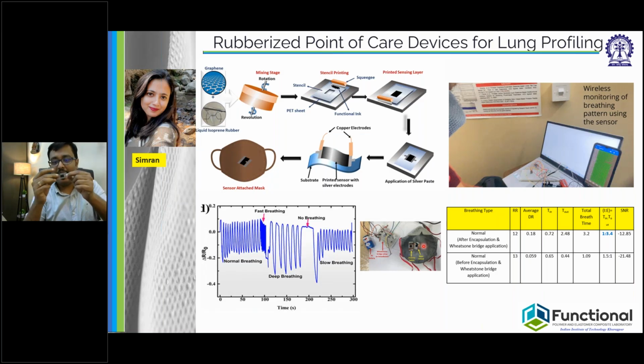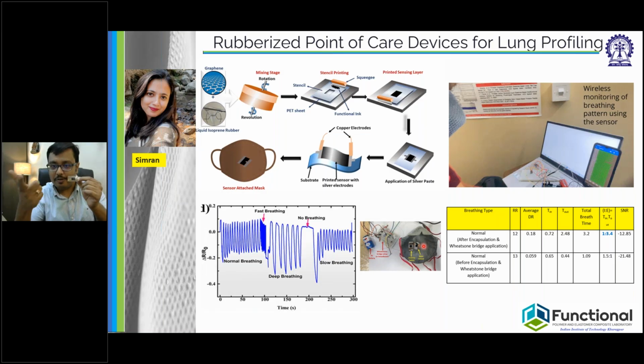Due to the exhalation of air inside the mask, this sensor is going to move a little bit. The sensor is so sensitive that it can very accurately pick up how much movement is happening per second.